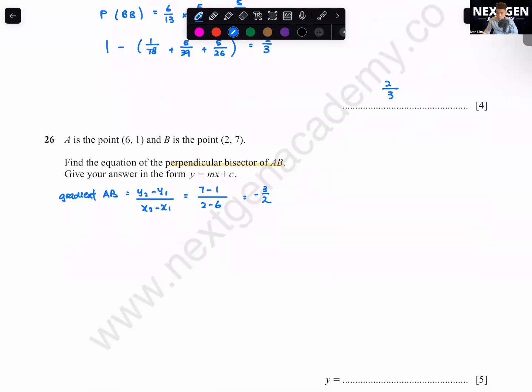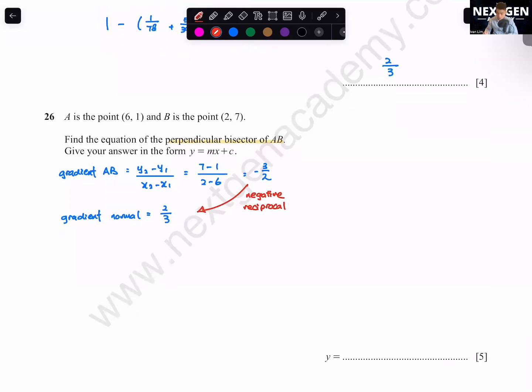When we want to find the perpendicular bisector, we need to find the gradient of the normal. Gradient of the normal is just the negative reciprocal. If it's positive, it will become negative. If negative, it will become positive. Then you inverse it. The meaning of reciprocal is inverse. So this is your m value, the gradient of the normal.